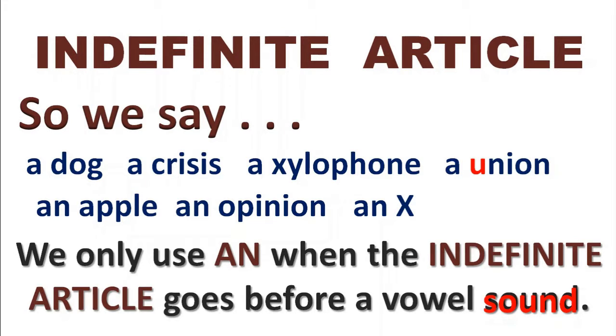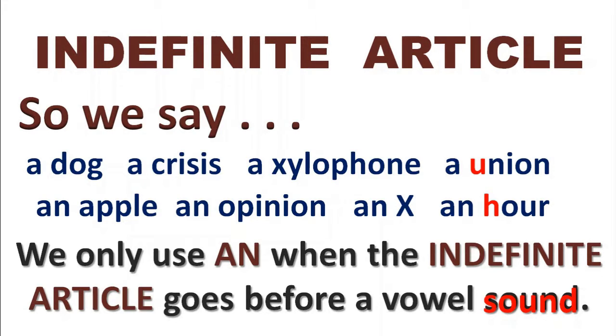So we use the a indefinite article. But the word hour, it begins with a consonant H. But when we listen to it, we don't say the H, we say ow, hour. So we use an hour. Even though the word begins with a consonant, the sound is a vowel sound.